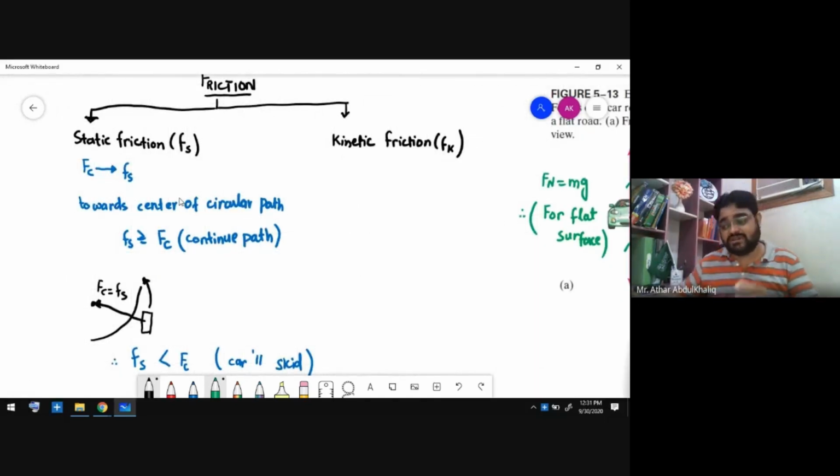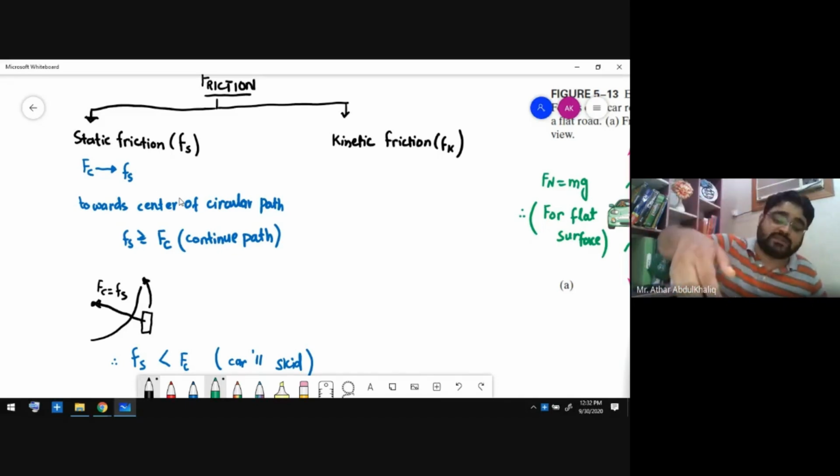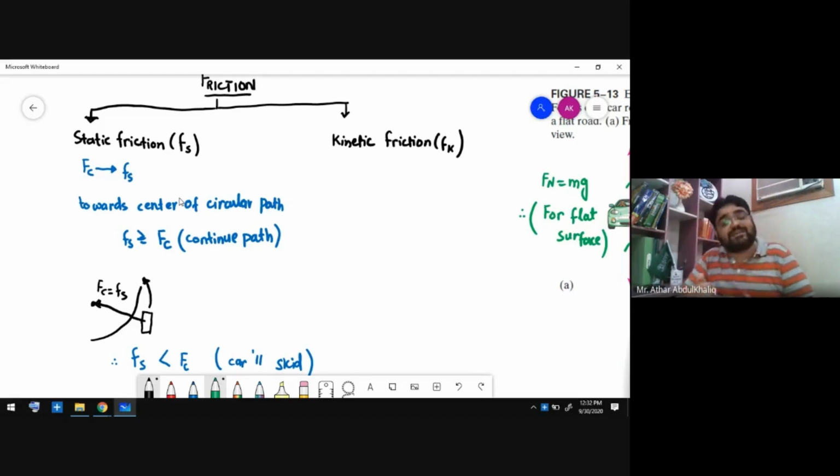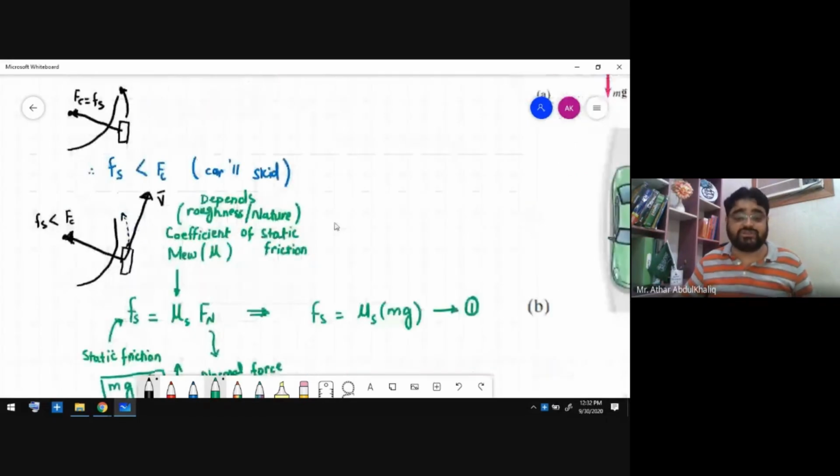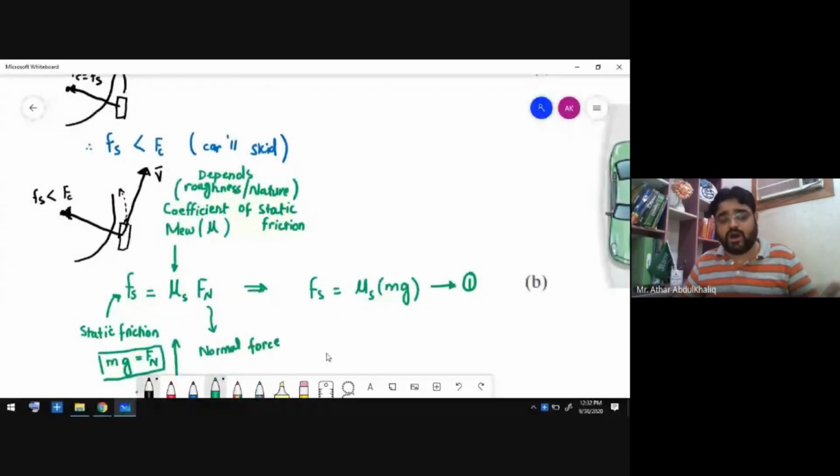This friction is always toward the center of the circle. So if it is more than the necessary required centripetal force, the car will continue on the curved path. But if it is less than the required centripetal force, the car will not take the turn. How to calculate this static friction? We will use the equation mu s Fn, or you can substitute Fn equal to mg.